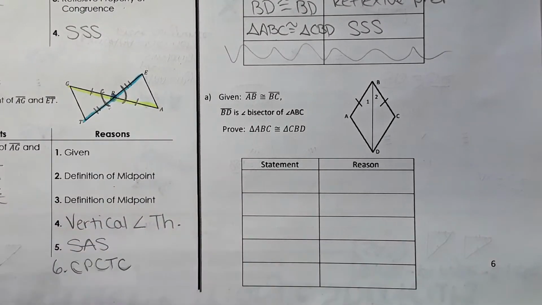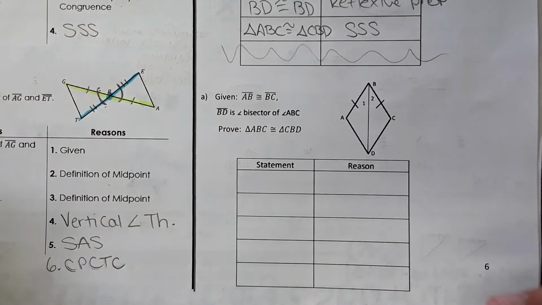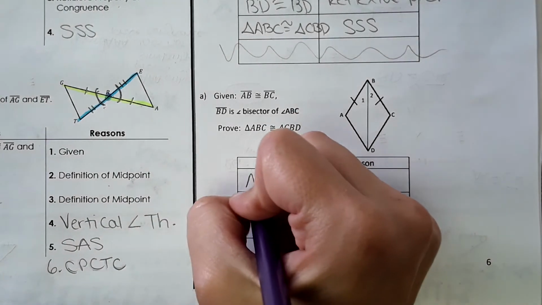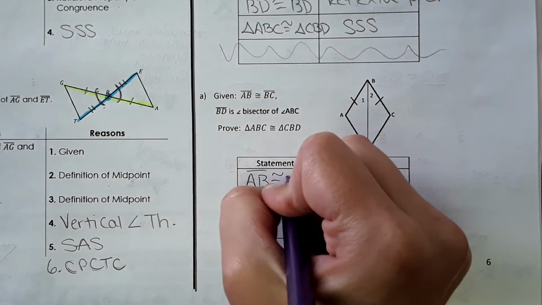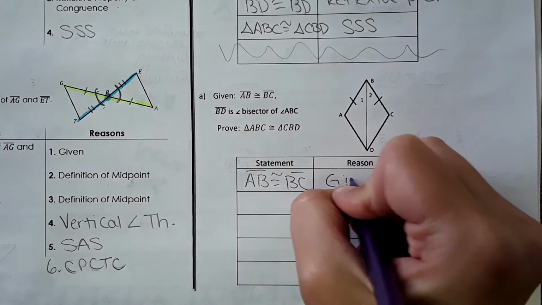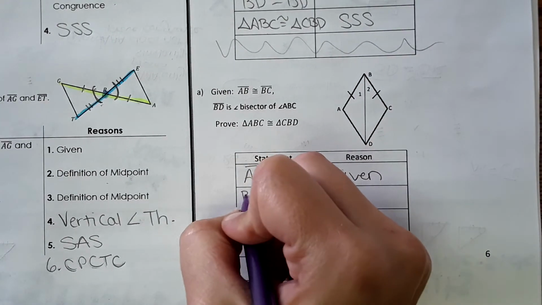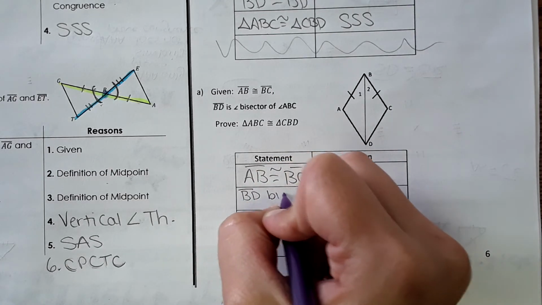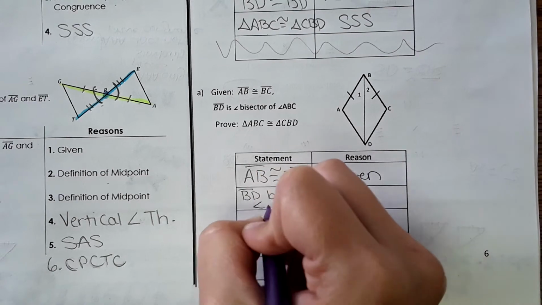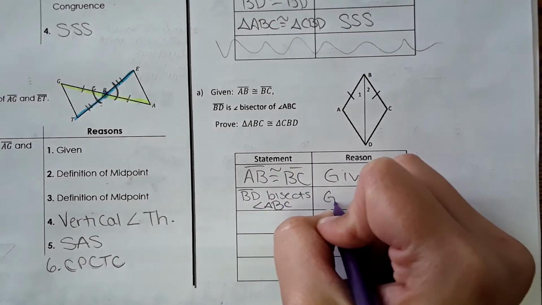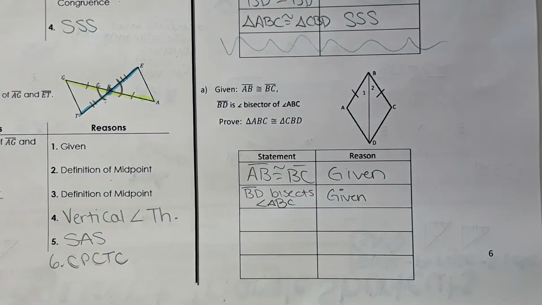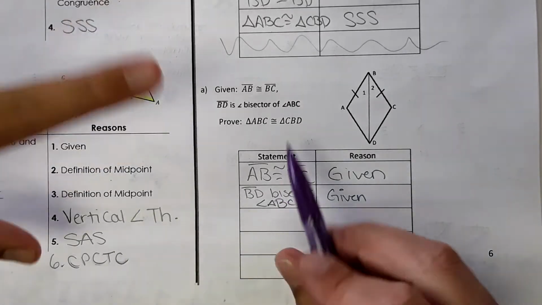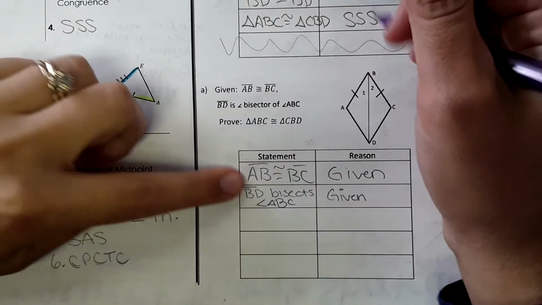And the last one here. First thing I'm going to do is just write the given statements in. Okay, I'm going to look at the givens in comparison to the picture just so I know what's going on.